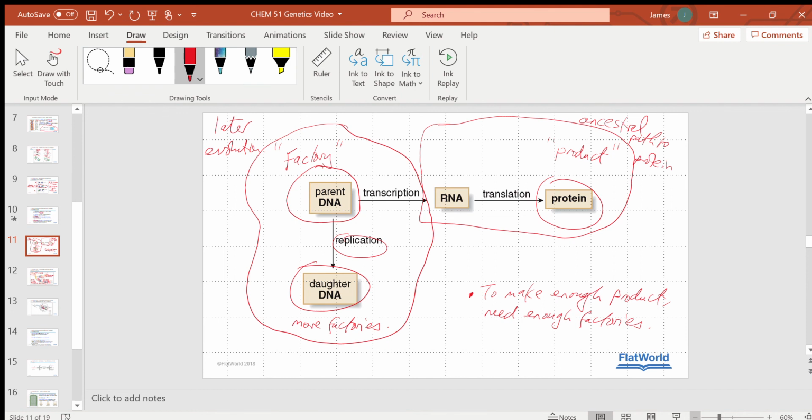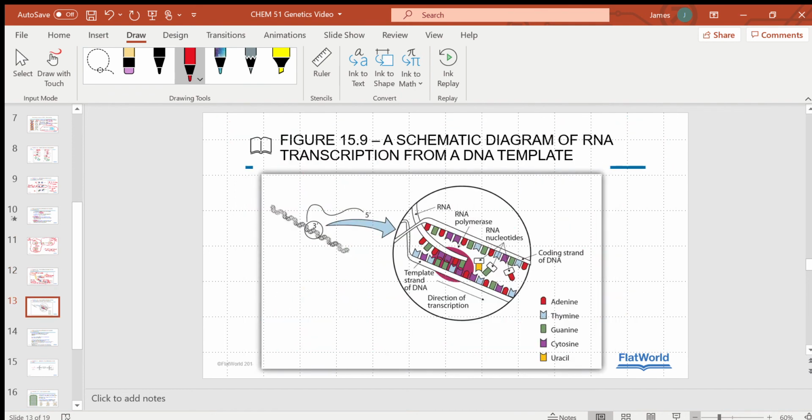So the DNA is a message in the bottle to make more messages in the bottle. And then it also has a secondary pathway to make the actual goal of the message, which is protein. So that's what we achieved in this video. And that will conclude this video, and this video is one of 2 videos.